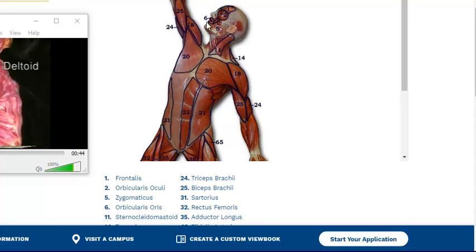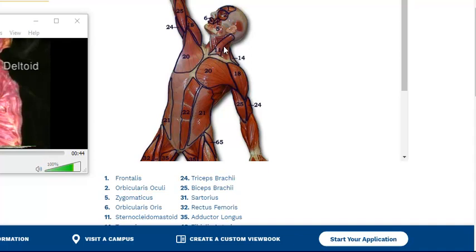And you have a circular muscle around your lips, and that's the orbicularis oris. So if you're going to get something mixed up, the orbicularis oris and the orbicularis oculi both look a little bit alike, but oculi has to do with ocular or eye, so you should be able to keep those two separated.